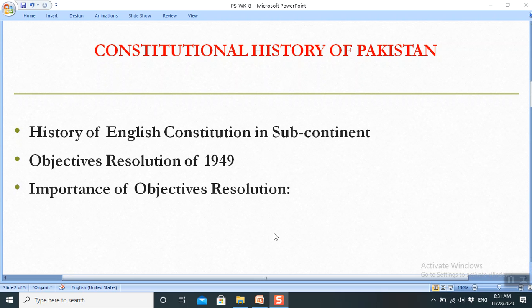They were the major causes that Pakistan could not achieve a constitution.